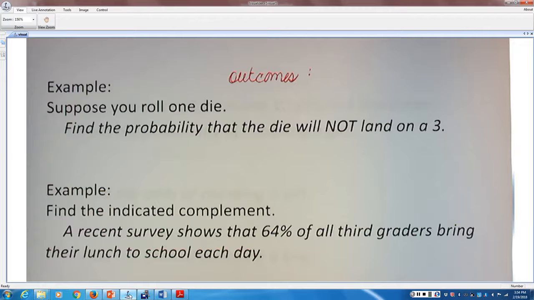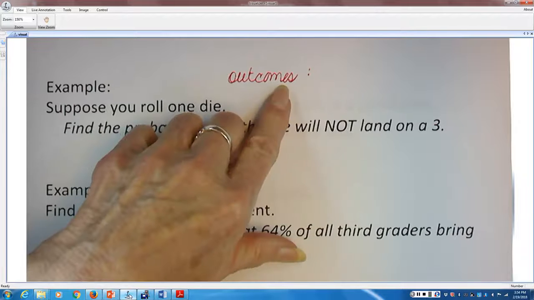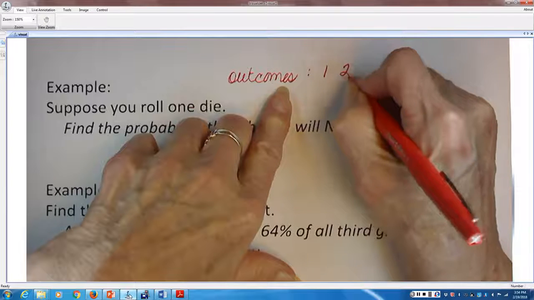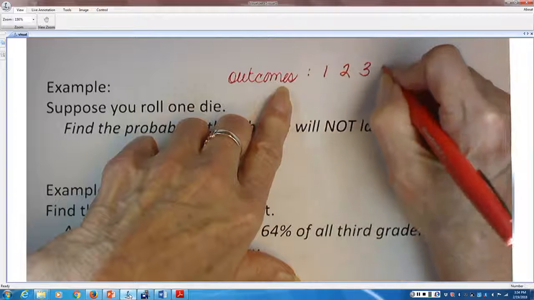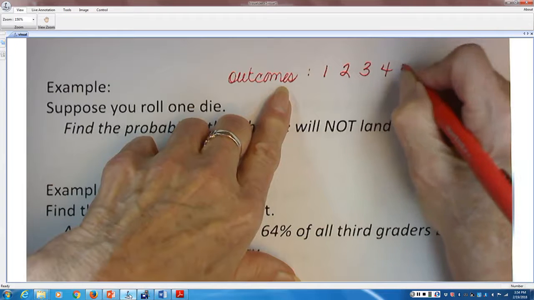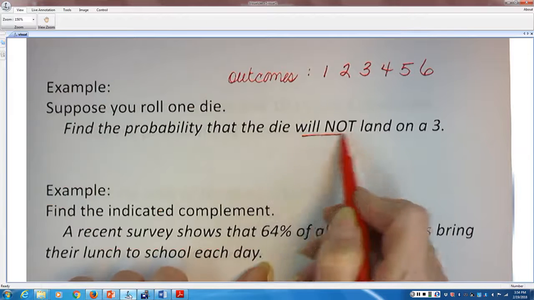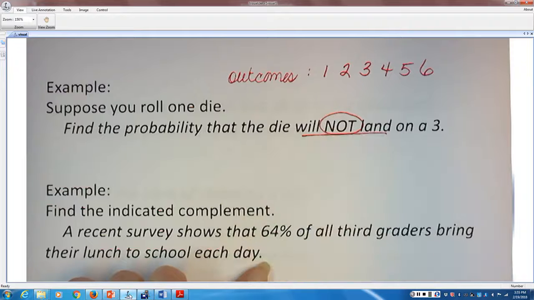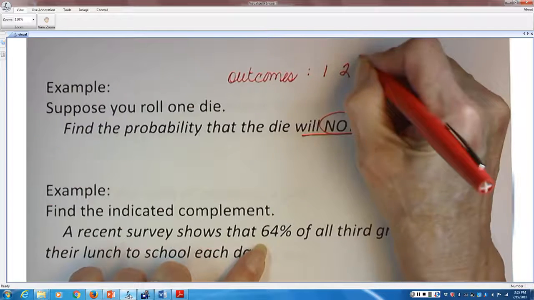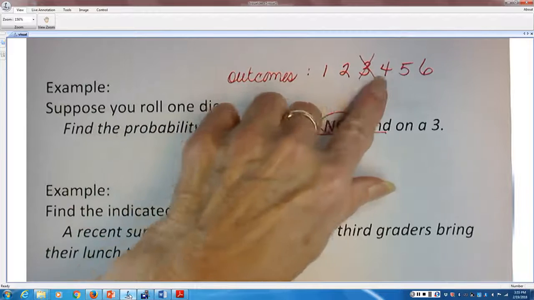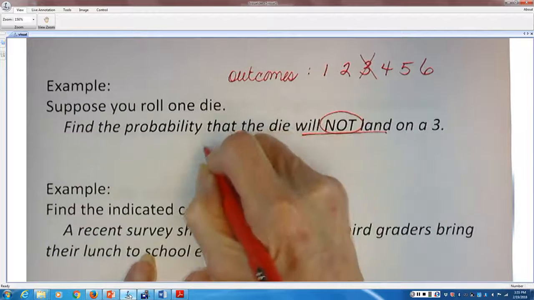The possible outcomes, if you roll the die, you either get a 1, a 2, a 3, a 4, a 5, or a 6. Probability that it will not land on 3: 1, 2, 3, 4, 5 left.